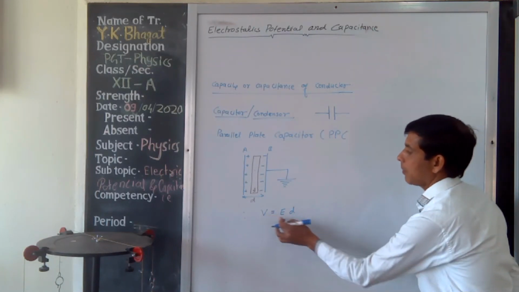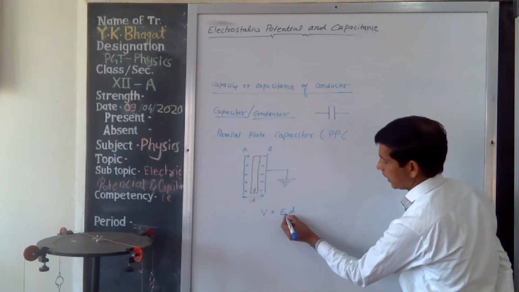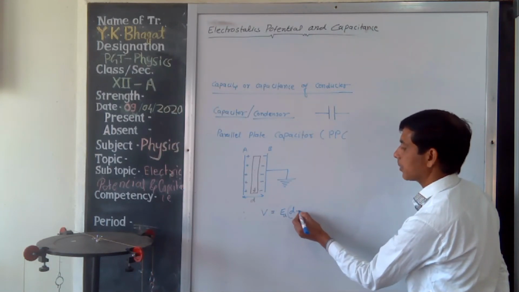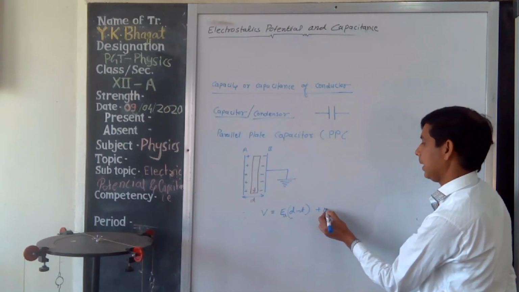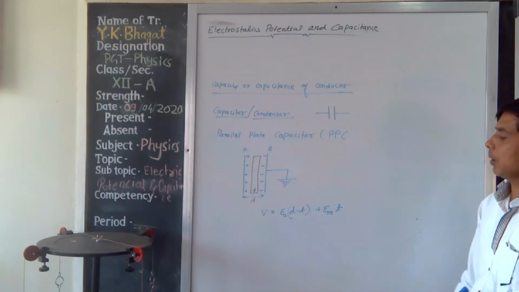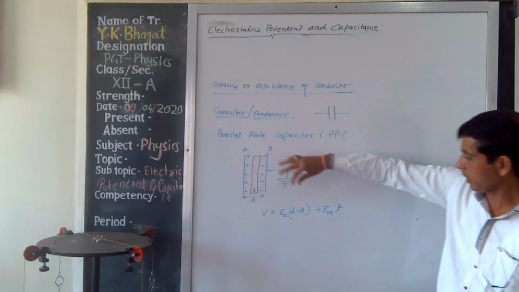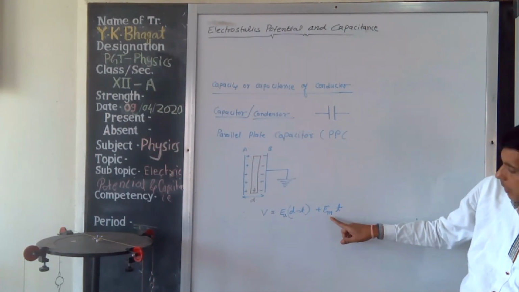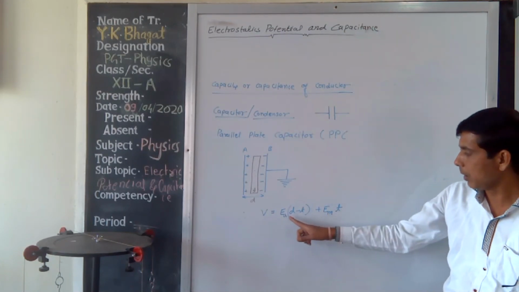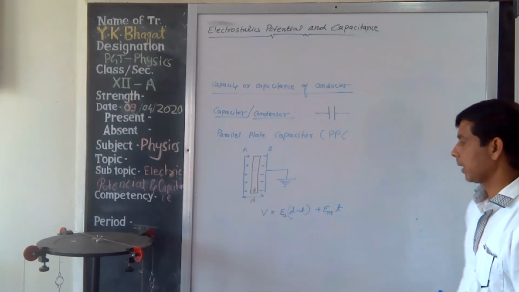Then it will be the sum of both cases: intensity in air, where the distance will be D minus T, and intensity for the medium, where the thickness will be T, because the total distance is D. In T thickness there is dielectric media, so it can be written as EM into T, where EM is the intensity for dielectric media, and the remaining distance is D minus T, intensity for air.